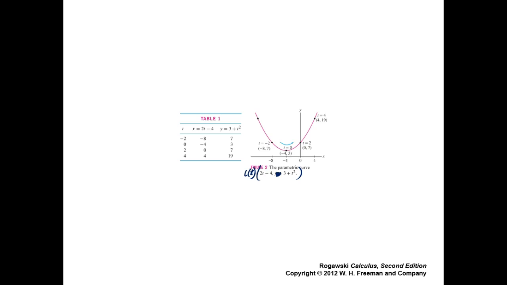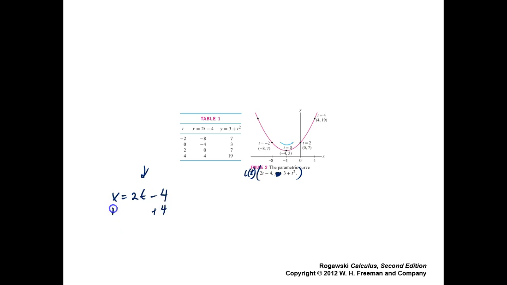Now, since you know that x is equal to 2t minus 4. Now that's the one I would go for because that's a linear equation, both x and t, right? Use this to solve for t. What would that give you? What would you do?